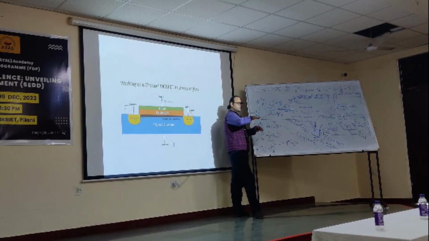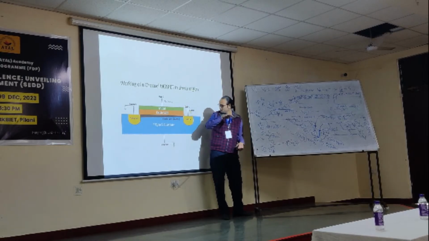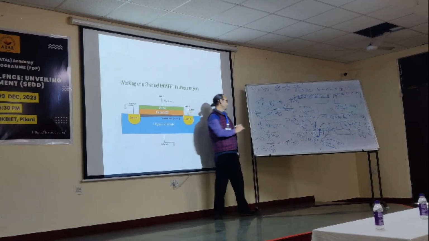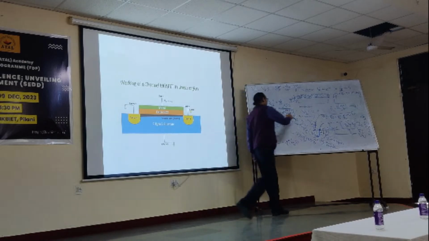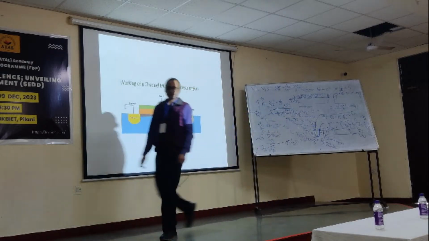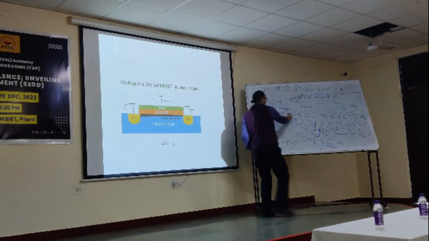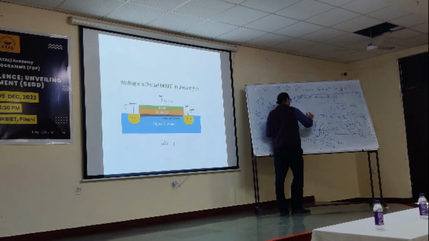The width part we generally do not draw. Width means how wide it is along the wall. So W and length. Length is this channel length, and then we have VGS minus VT, right? VGS minus VT, and then we have VDS, and then minus VDS by 2.